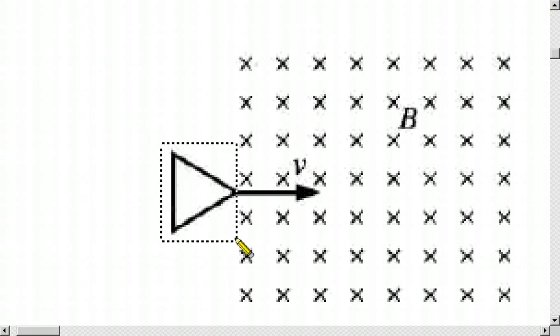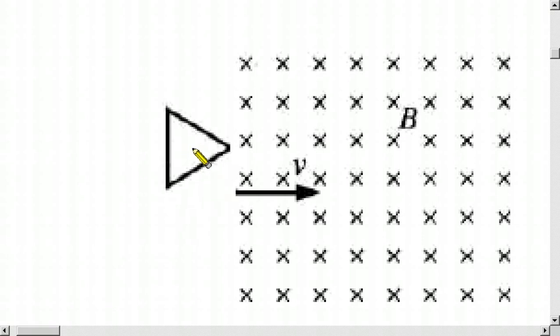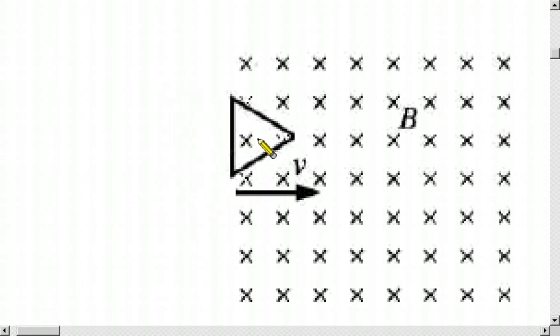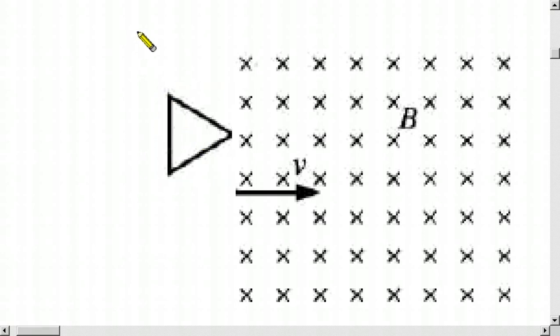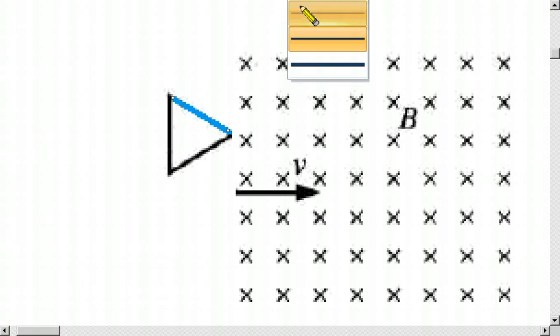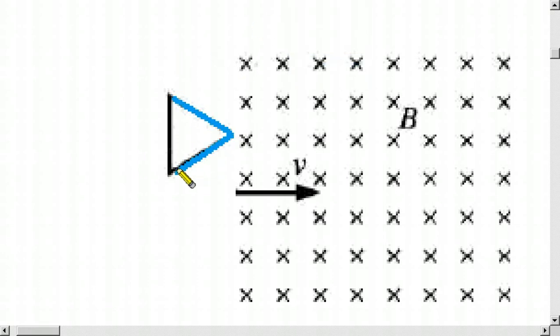when this loop is entering the magnetic field like this, first these inclined conductors enter. These two I marked in blue color.